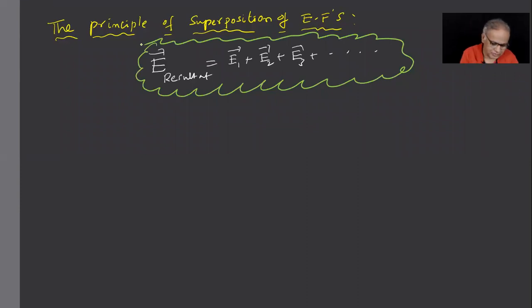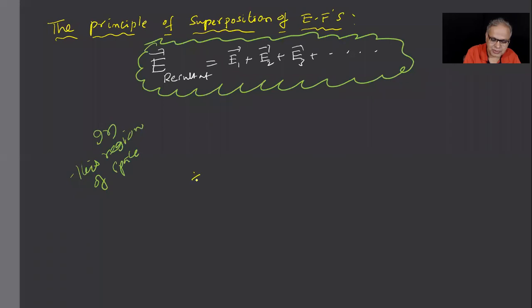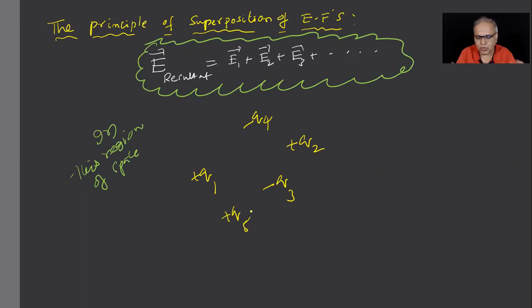What does it mean? Look, in this region of space, I have many charges, many point charges. For example, plus Q1, plus Q2, minus Q3, minus Q4, plus Q5, and whatnot, whatever you want. So each charge has its own field, right?